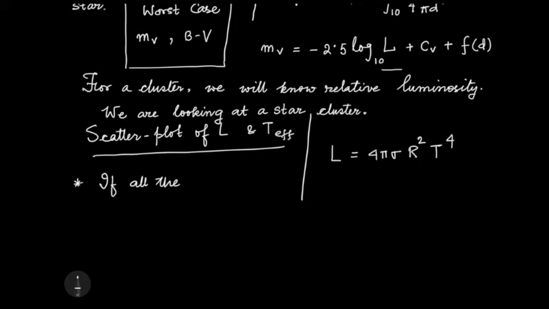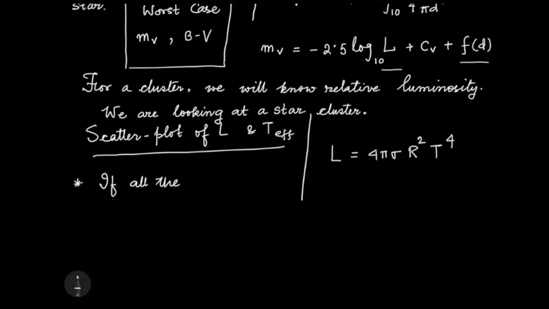One I will tell you now, and the other I will come back to later. One is that this d will be same for all the stars in the cluster. So if I plot M_V, then all the stars will be off by a certain number. M_V essentially gives you the ratio of the luminosity of those stars with respect to a certain luminosity. So that will be all off by a certain number, so that I don't bother basically.